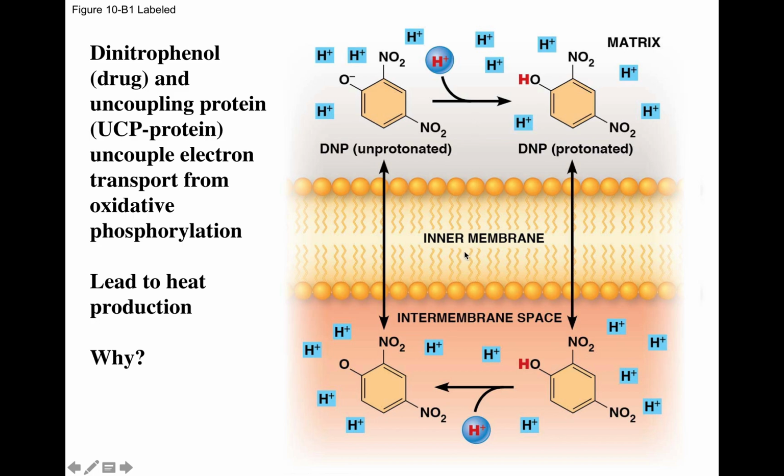So if you destroy that gradient, you destroy much of the cell's ability to make ATP, because that gradient is the thing that allows the FO-F1 ATPase to work. And if your F1 FO ATPase doesn't work, then you are stuck with glycolysis as a way to make ATP.